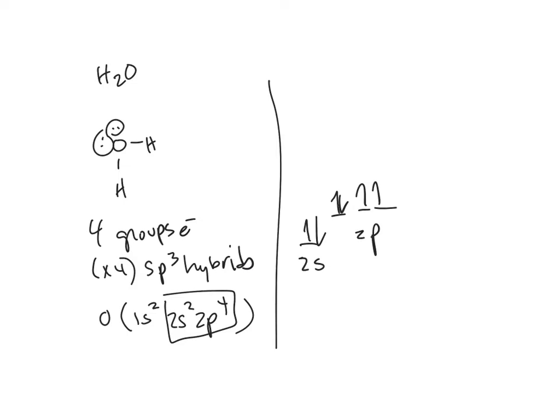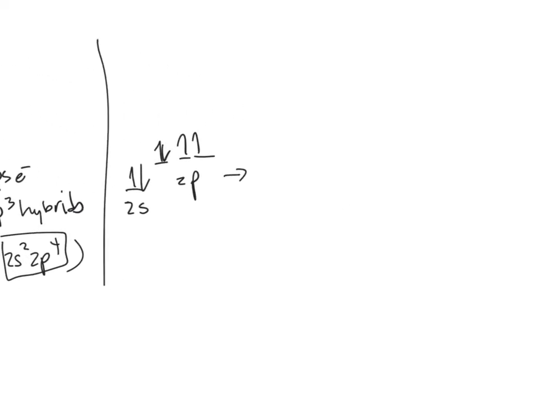All right, again, with these you could just mix them, but just to be kind of consistent with the pattern, I will promote. And by the way, it takes energy to promote an electron to a higher orbital, but then once the hybridization takes place, the energy is regained and then some more as well.